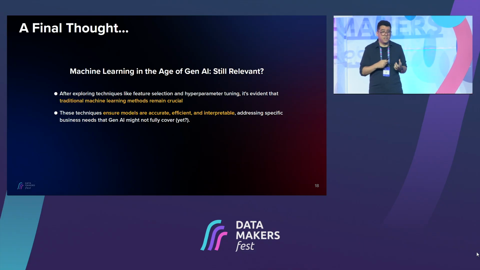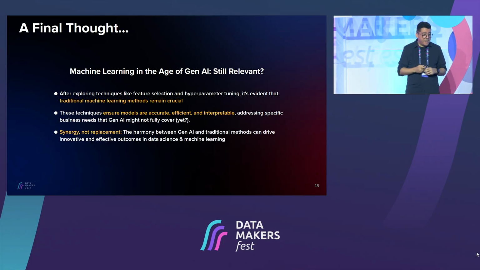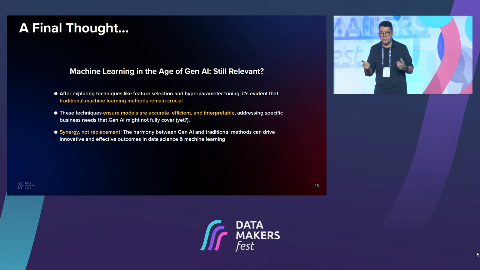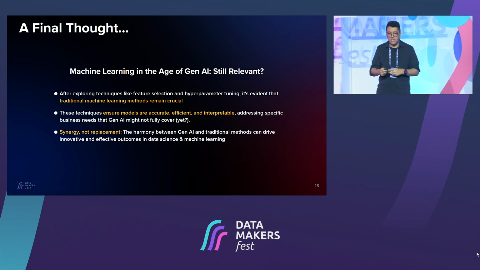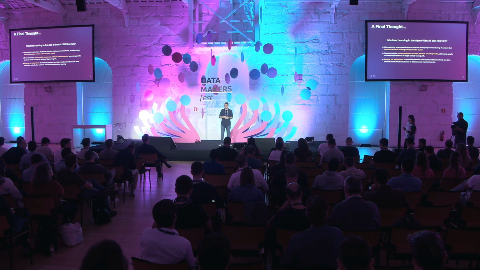I think these are really nice things to aim for, which Gen AI might not yet fully cover. And finally, I really believe in synergy and not replacement, so I really think that combining efficient Gen AI techniques with our traditional machine learning models can really boost our models and our solutions.